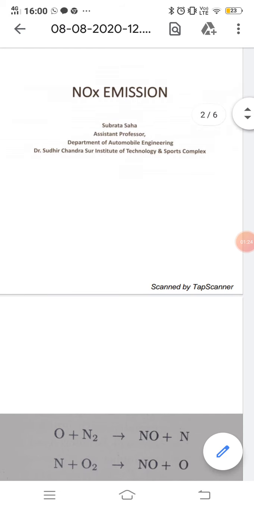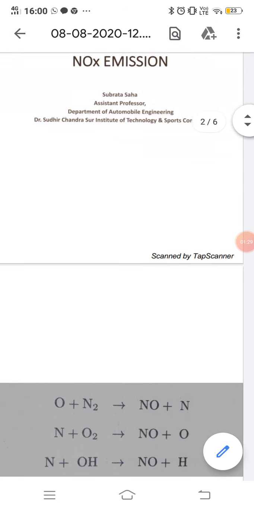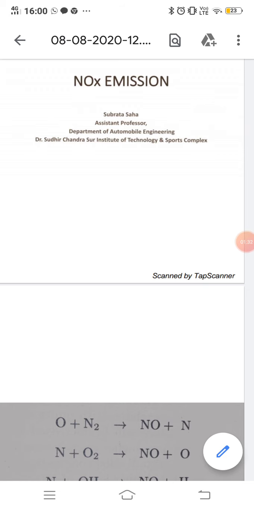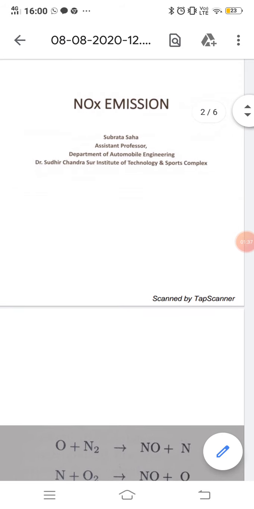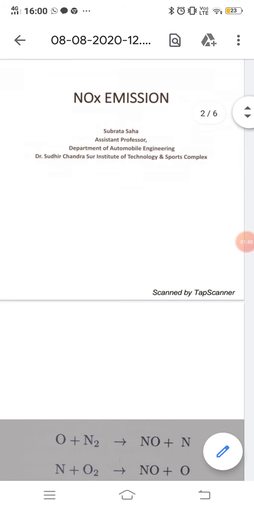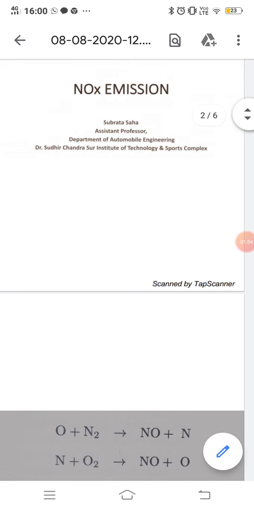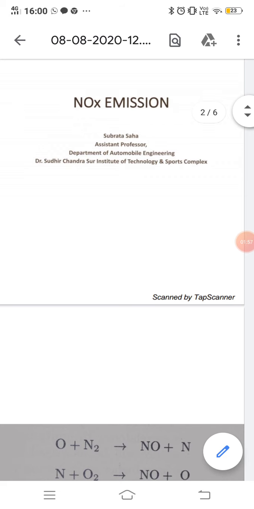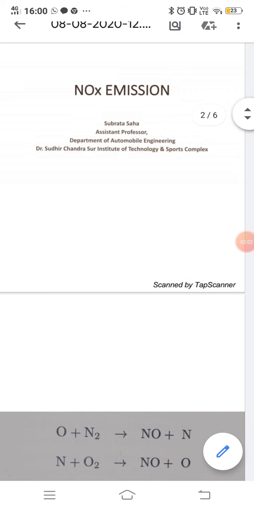Exhaust gases of an engine can have near about 2000 ppm of oxides of nitrogen, and most of this will be nitric oxide. With a small amount of nitrogen dioxide, there will also be traces of other nitrogen-oxygen combinations. They are all grouped together as NOx, and in NOx that may be NO, NO2, N2O, whatever.